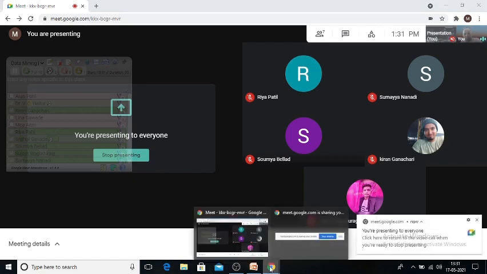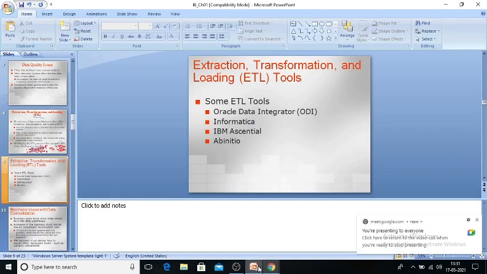Snehal will be presenting Informatica. Snehal will be giving a seminar on Informatica, and Soumya will give a seminar on IBM Essential. After Soumya, Sujit will be doing a seminar on Ab initio. Sujit, are you there?